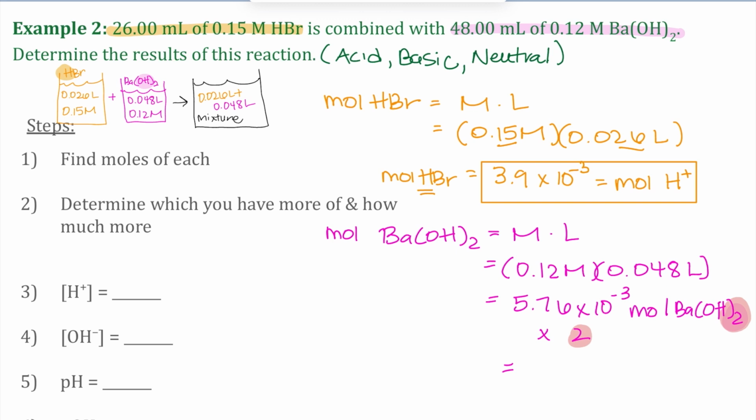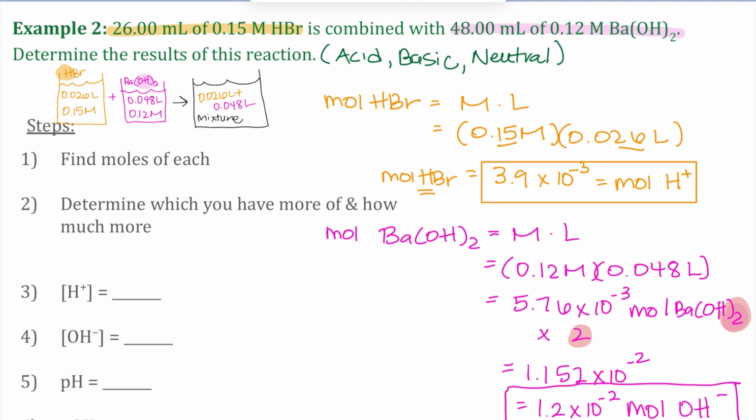When I multiply that by 2, I get 0.01152, or 1.152 times 10 to the negative 2, which with 2 sig figs would be 1.2 times 10 to the negative 2. That's how many moles of OH minus ions we have. And now that's what I need to compare to my moles of H+. As we look at these, now that I'm done with my multiplying, I can do sig figs at this step because the next thing I'm going to have to do would be subtraction of some sort.